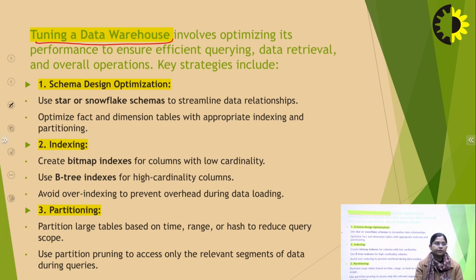Key strategies include schema design optimization, using star or snowflake schemas to streamline data relationships. So what is a star schema? What is a schema? Let me give you a brief introduction about schema.